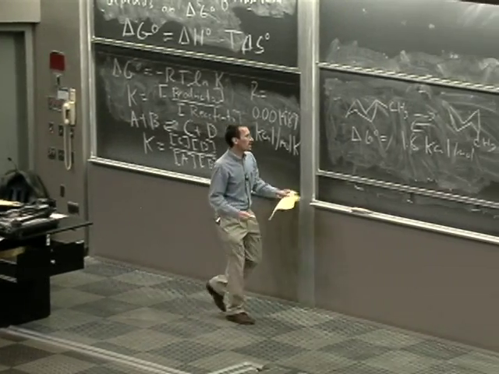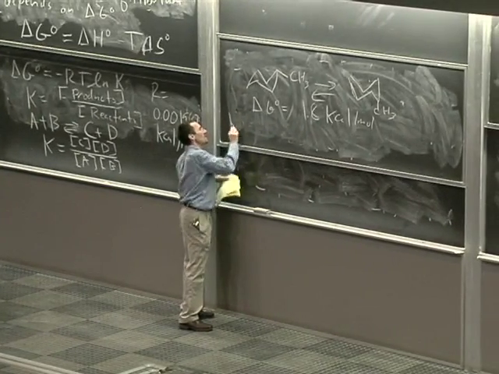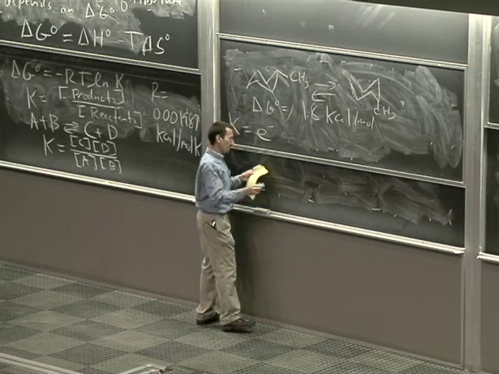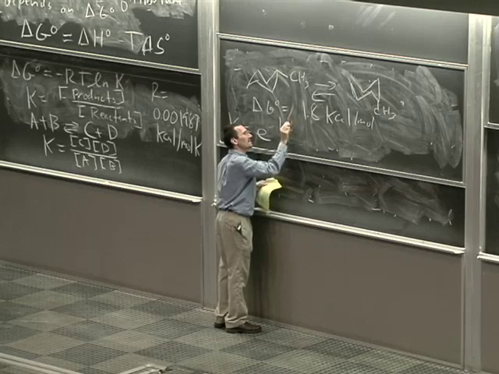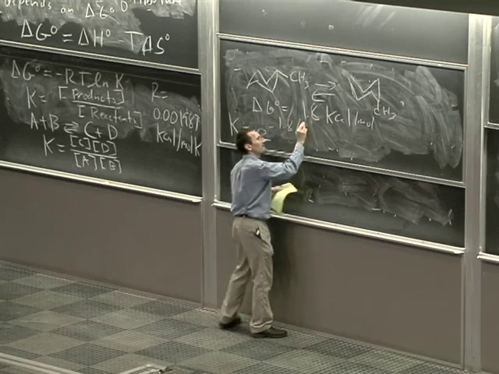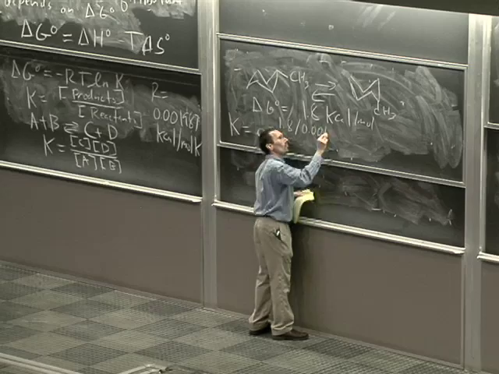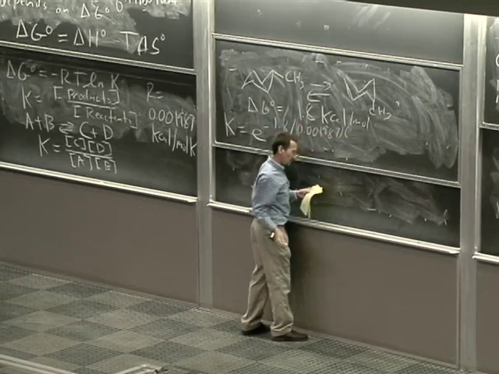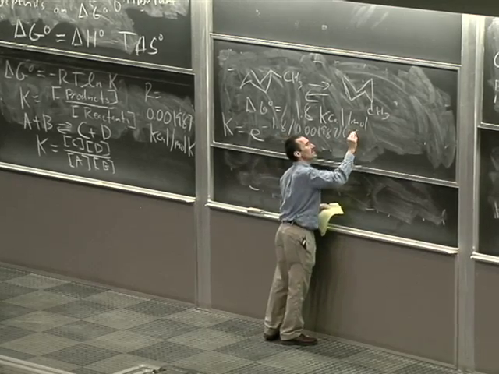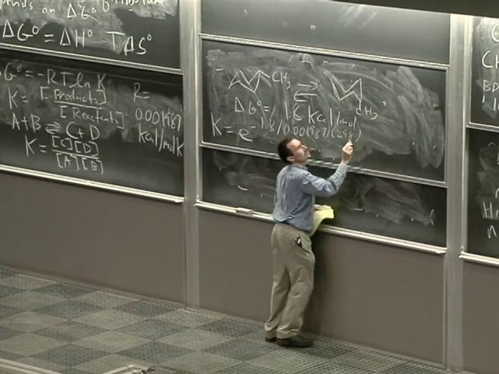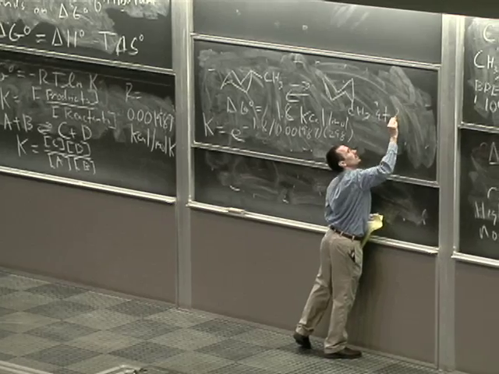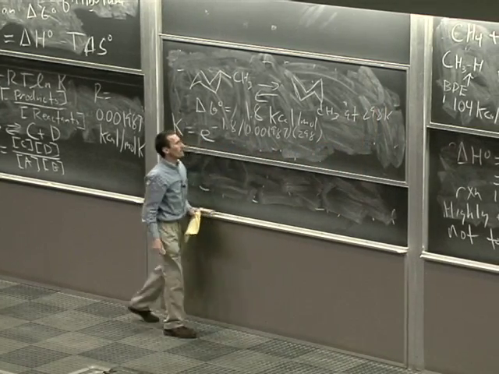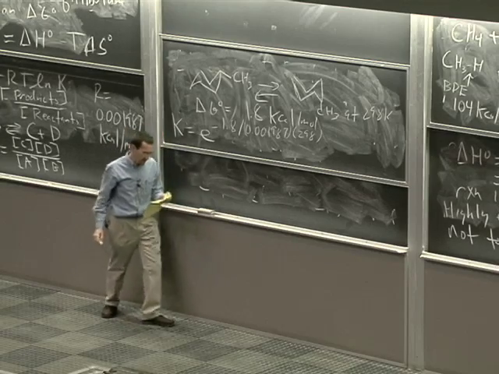And so our equilibrium constant K equals e to the negative 1.8 divided by 0.001987, the gas constant, and its product with, we'll say, 298 Kelvin. At 298 K, that equilibrium constant equals this value.